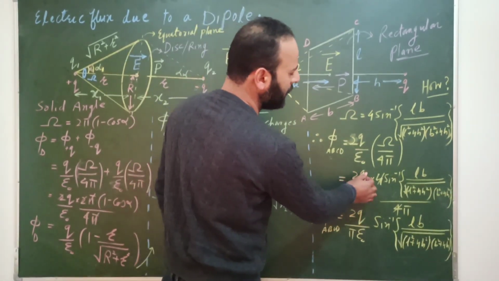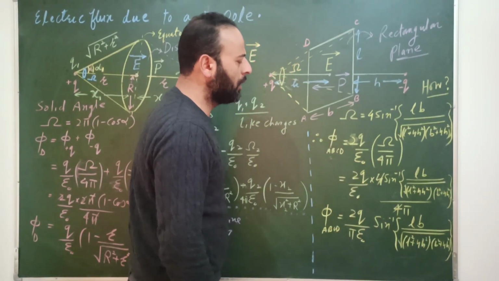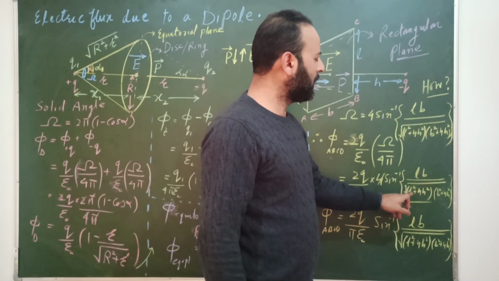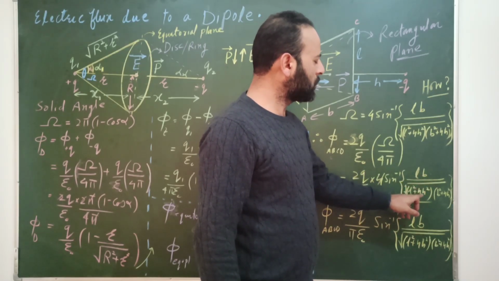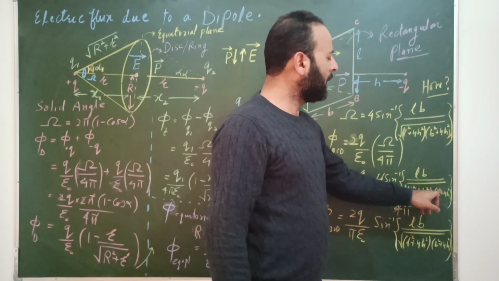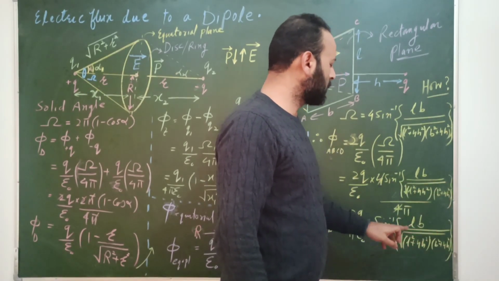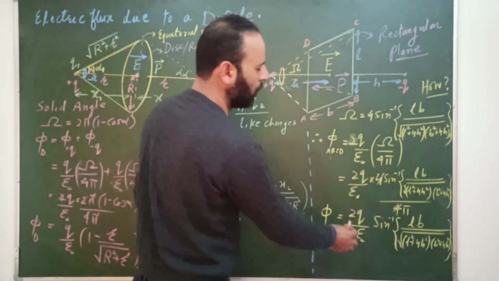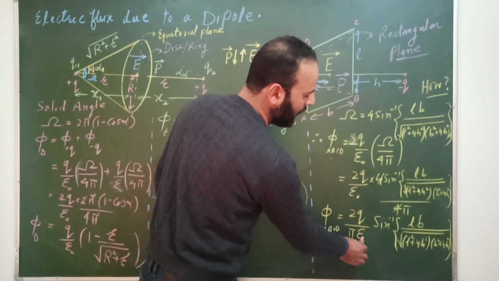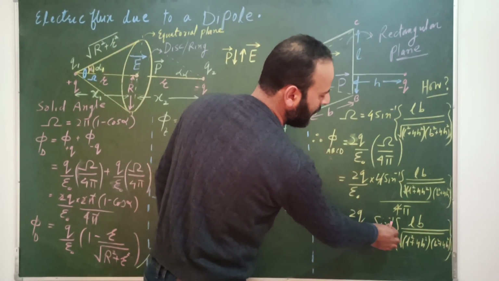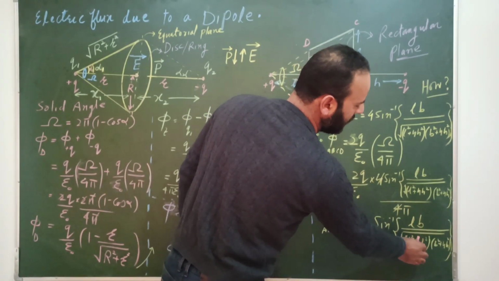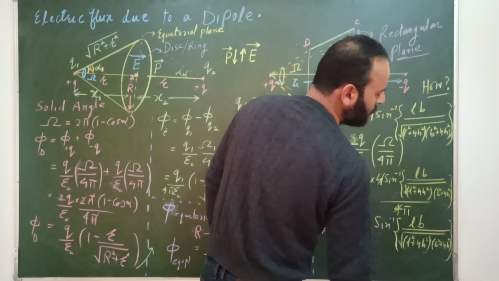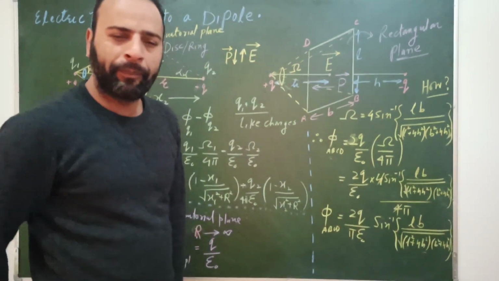So I can write 2Q divided by epsilon naught, then 4 sine inverse of LB divided by under root of L square plus 4H square, then B square plus 4H square, divided by 4 pi. This 4 and 4 will cancel, so we can write 2Q divided by epsilon naught, sine inverse of LB divided by under root of L square plus 4H square, then B square plus 4H square.